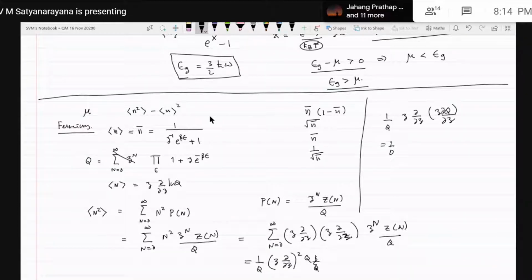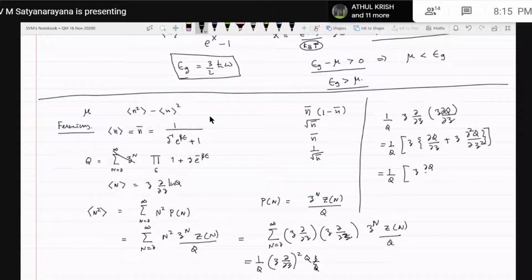It's equal to 1 by Q into z dou Q by dou z plus z square dou square Q by dou z square.